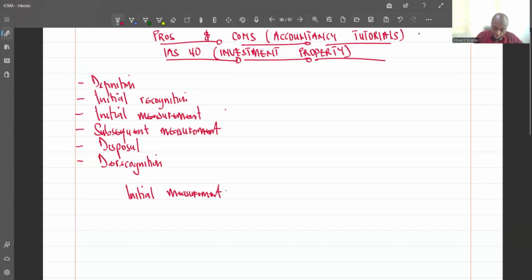All right. So here we talk about the purchase price. Then directly attributable cost.